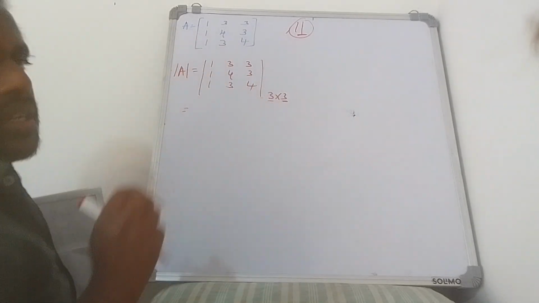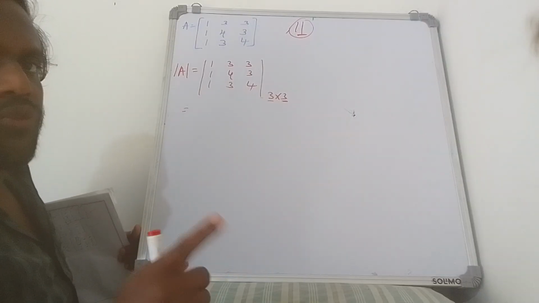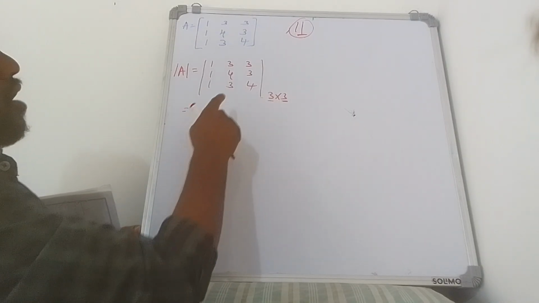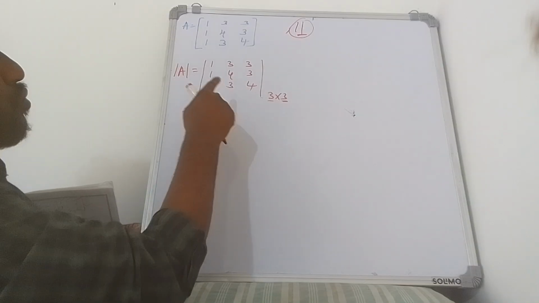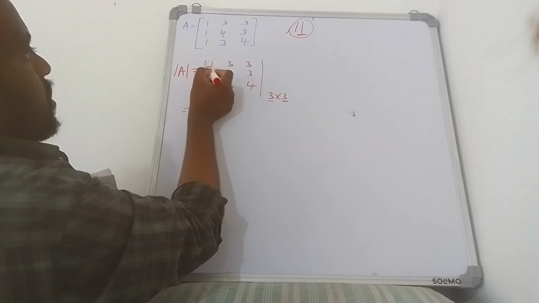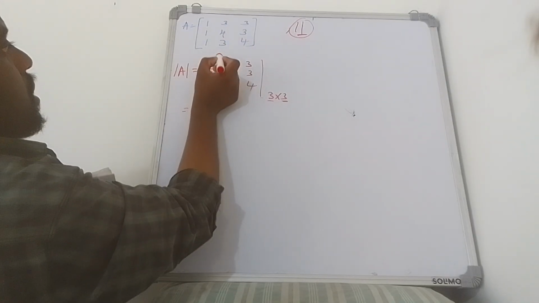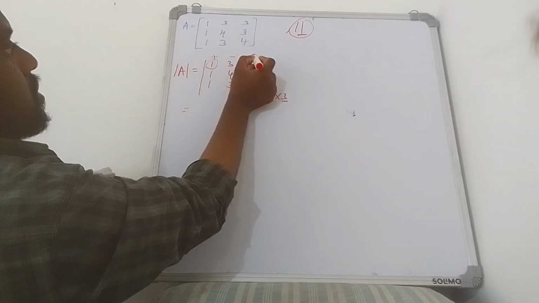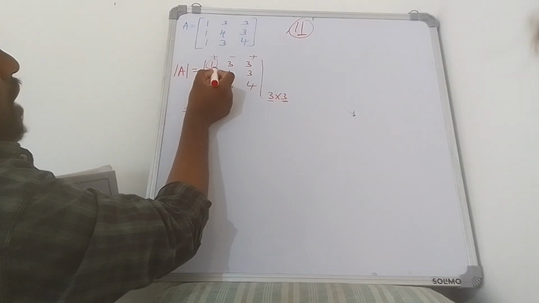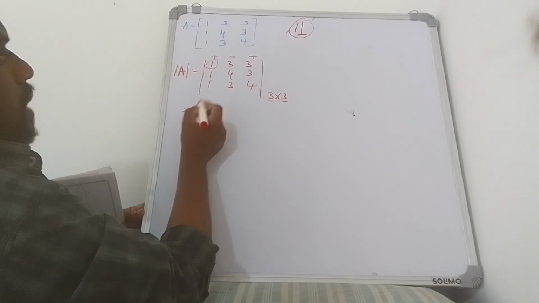The process to find the determinant of 2 cross 2 is somewhat different compared with this, so I will show how to find the determinant. Before that, remember here plus sign, here minus, here plus. Take this number along with this sign, so plus 1 I will take.